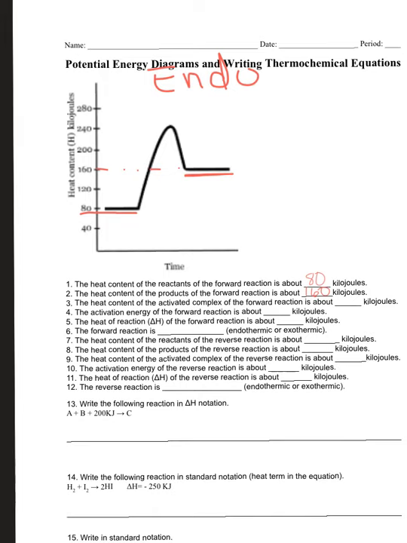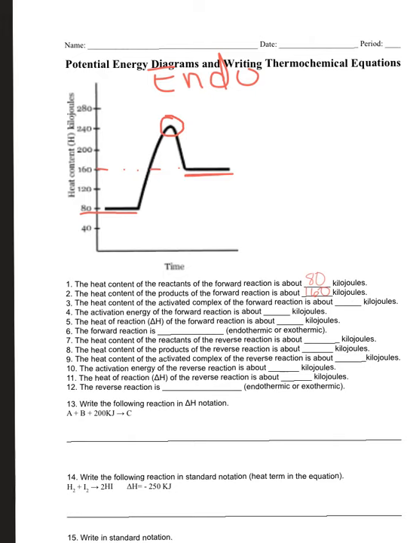Number 3, the heat content of the activated complex of the forward reaction. So do you remember what the activated complex is? Okay, it's the highest point in the graph. If you remember the definition, every single atom involved just jumbles together to make one glob of a molecule, and that glob exists for a fraction of a second, and then it all falls apart, and then they recombine to make the products.